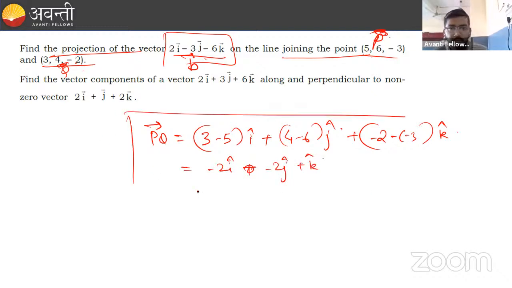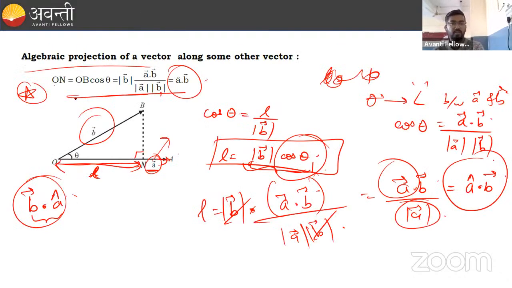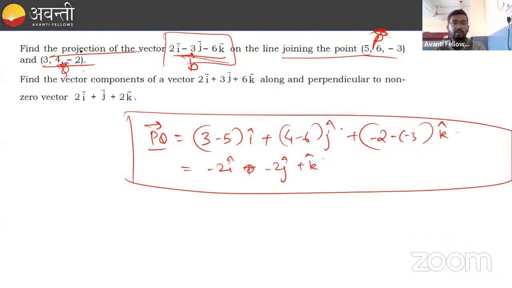So we got the vector on which we are supposed to find the projection. This is B bar, and this PQ bar is equivalent to A bar in this particular topic, right? So now we found the vector in whose direction we have to find the projection of this vector. Let's call PQ bar as A bar. So B bar is 2 i cap minus 3 j cap minus 6 k cap, and A bar is minus 2 i cap minus 2 j cap plus k cap.